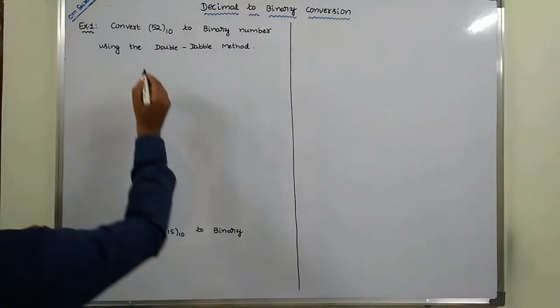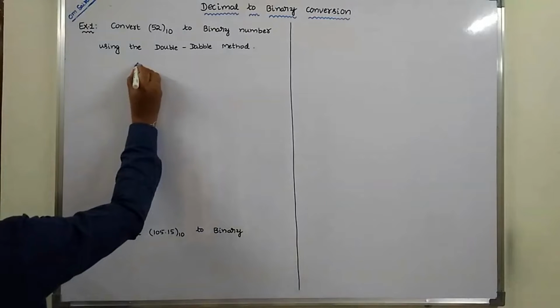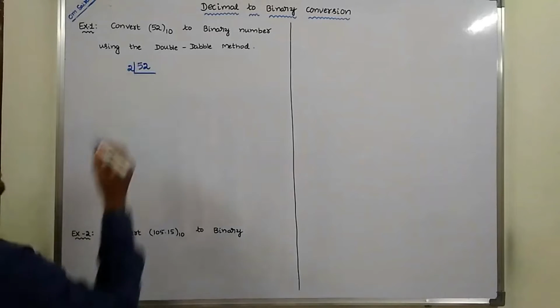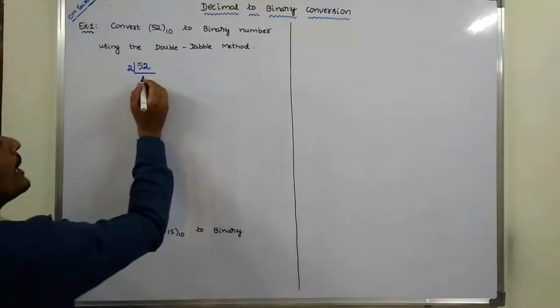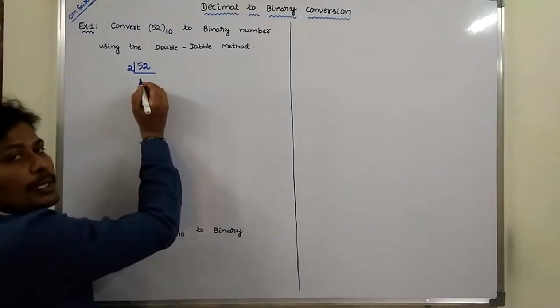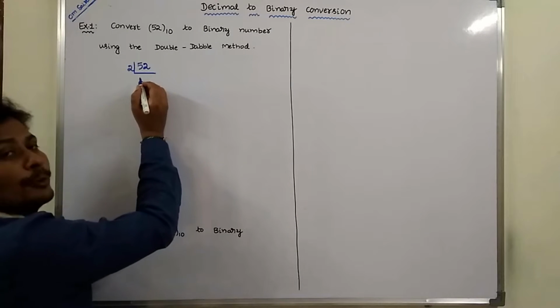Now we take 52. This decimal integer number is converted into the equivalent binary integer number, and for that purpose we use the successive division by 2 method.